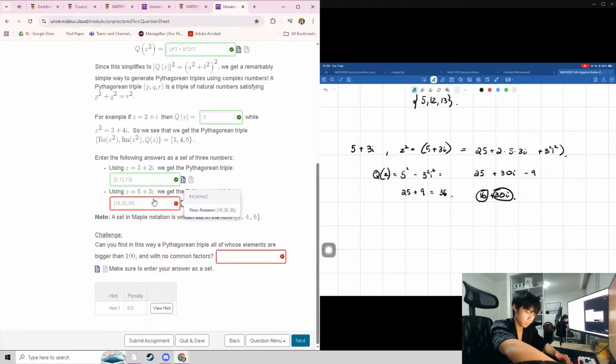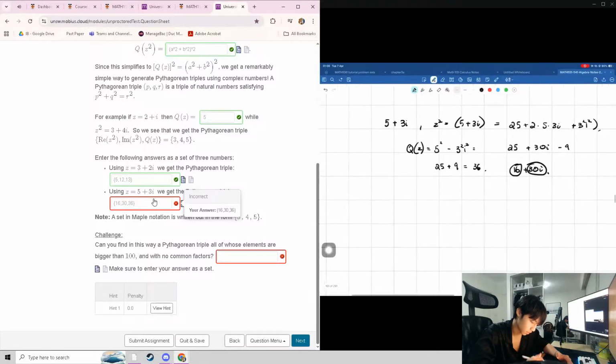Miscalculations. I've been doing that too fast.